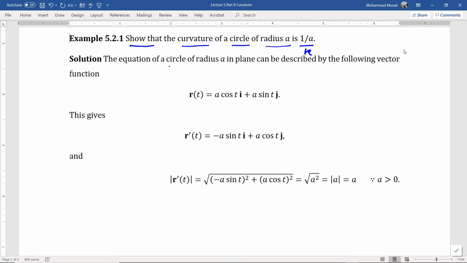The equation of a circle of radius a in plane can be described by the following vector function. r of t equals a cosine of t i plus a sine of t j. Remember, this is the x coordinate and this is the y coordinate of the point on a circle centered at the origin and radius a.